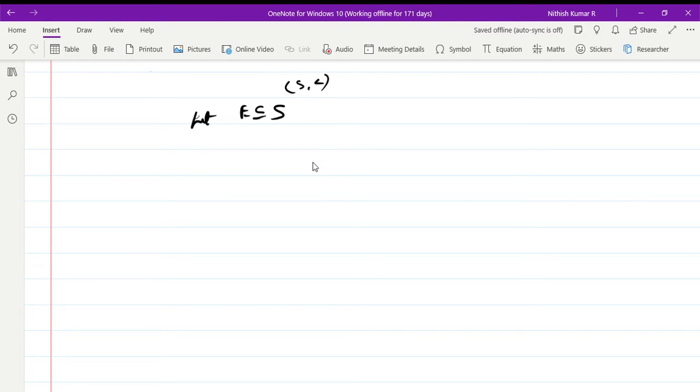Suppose E has two supremums, say alpha 1 and alpha 2. Alpha 1 is an upper bound of E, and moreover alpha 1 is the least upper bound of E. What do we know about alpha 2? Alpha 2 is also an upper bound of E, and alpha 2 is the least upper bound of E.